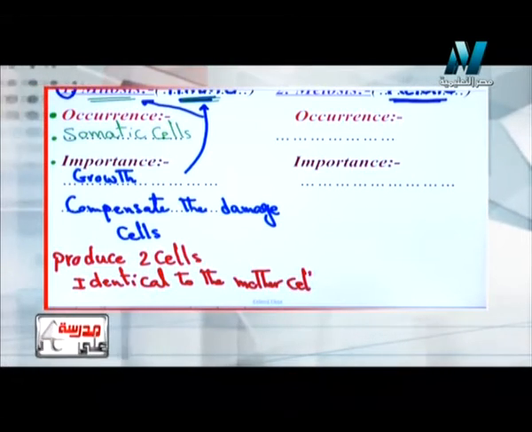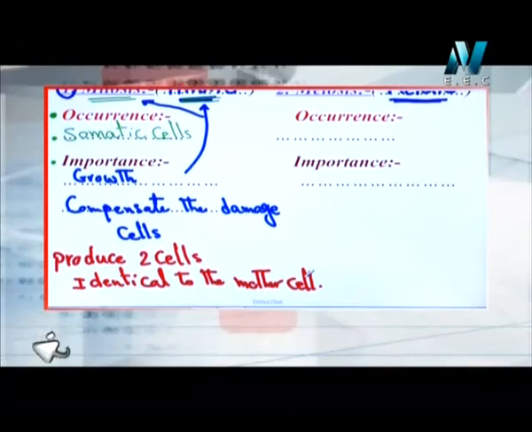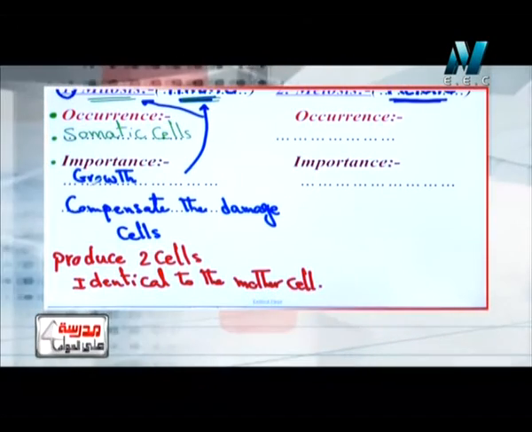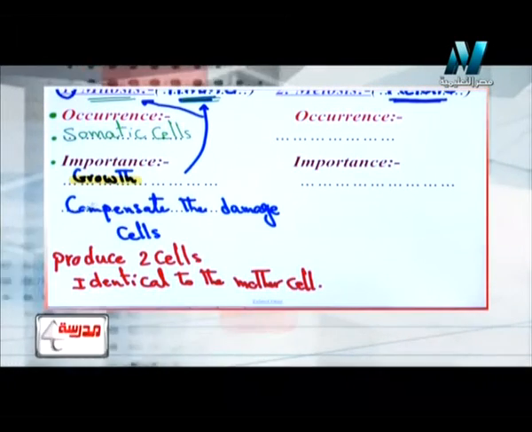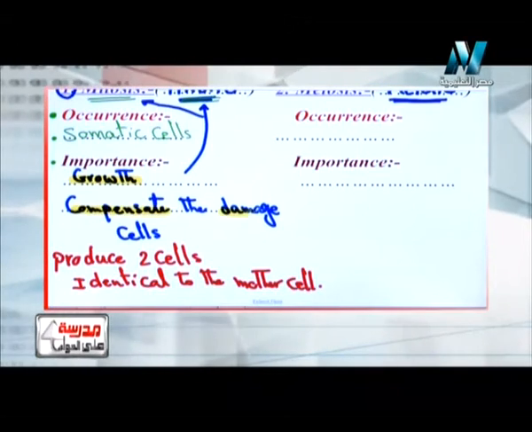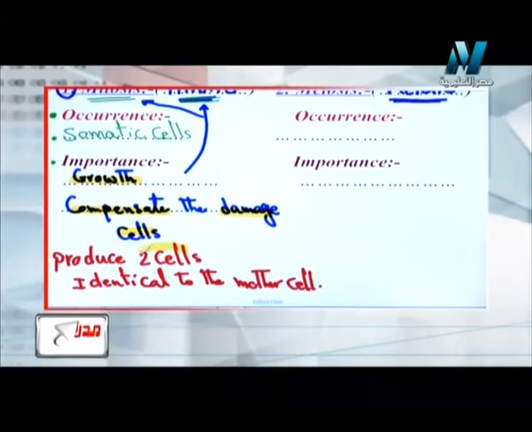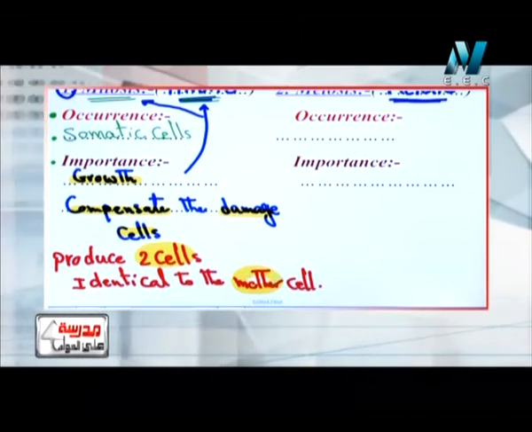Mother cell here means the parental cell, the cell that existed before it divided. So when asked to give reason for why mitosis division helps in growth or in compensation of damaged cells, it is all because it produces two cells identical to the what? To the mother cell.